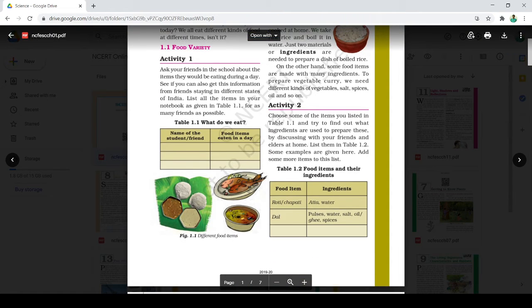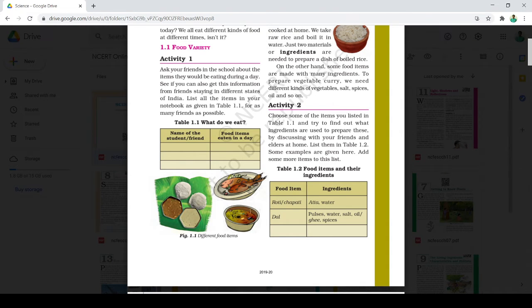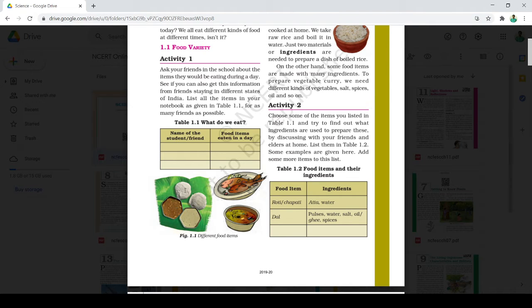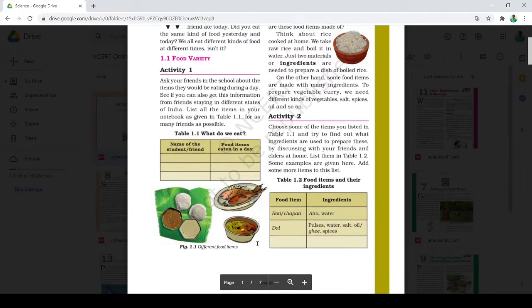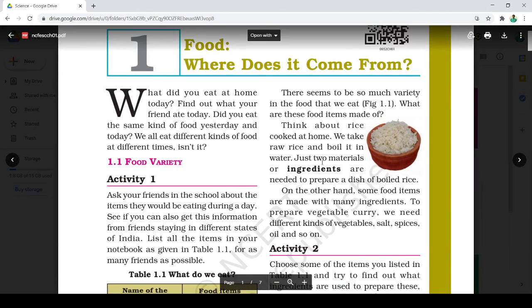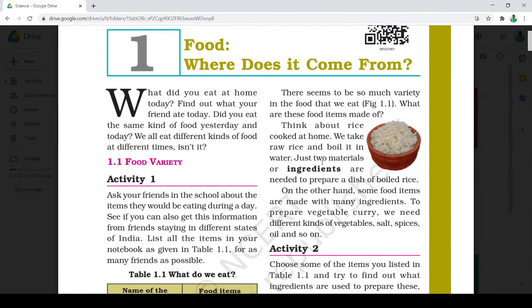So here we have the pictures of different food items. Here we have idli with chutney and sambar, fish and dal. There seems to be so much variety in the food that we eat.